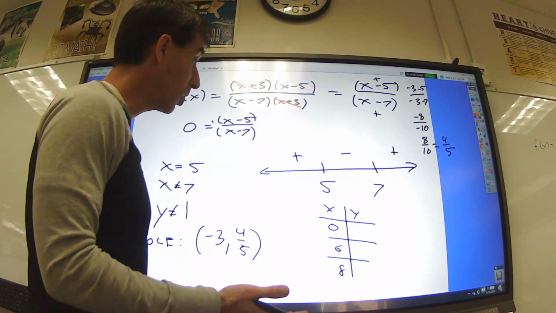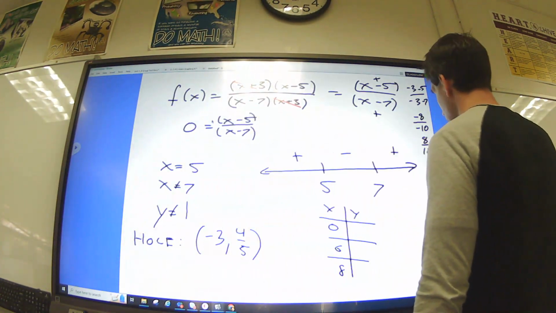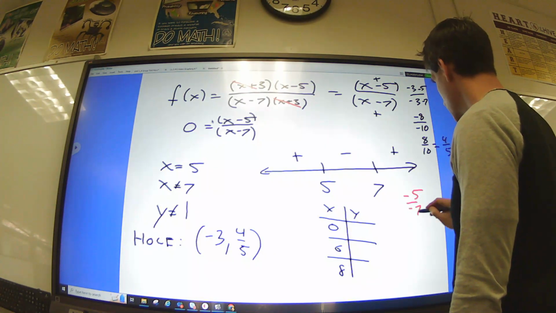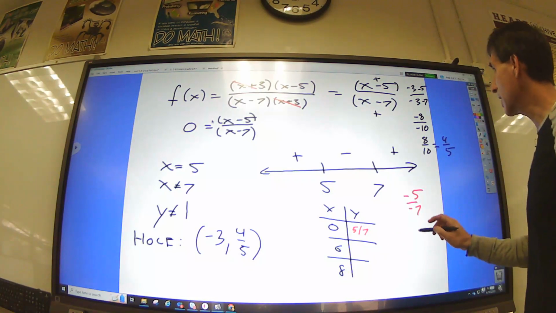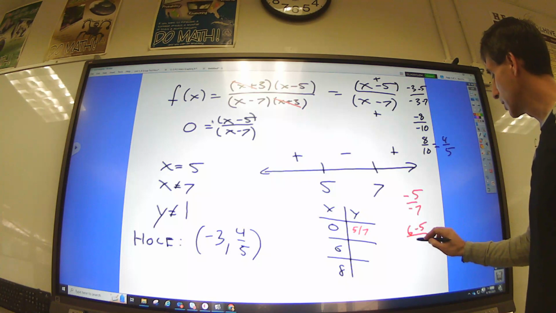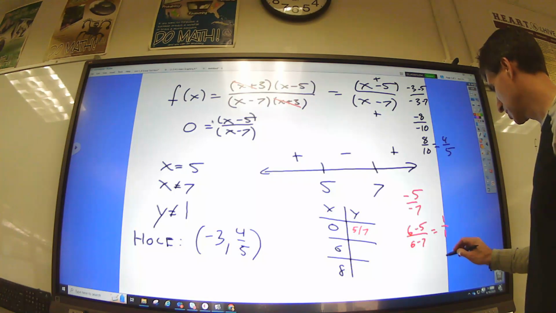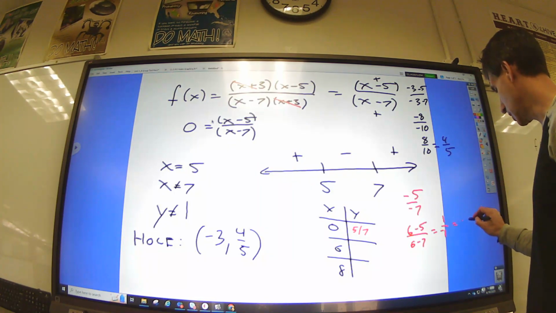Okay? So plug in 0. 0 minus 5 is negative 5 over negative 7. So that'll be 5/7. 6 will be 6 minus 5 over 6 minus 7, which is 1 over negative 1, which is negative 1.